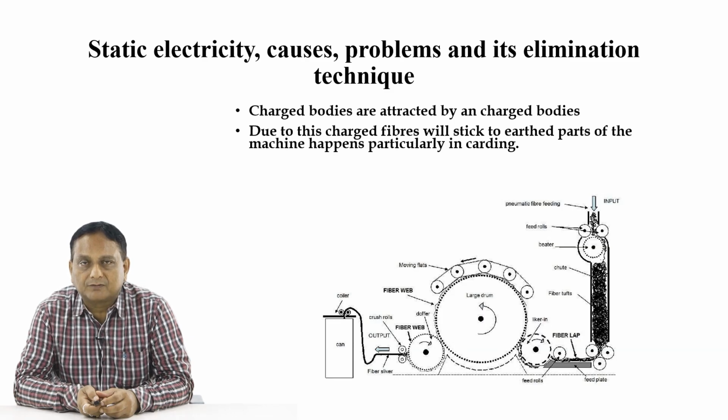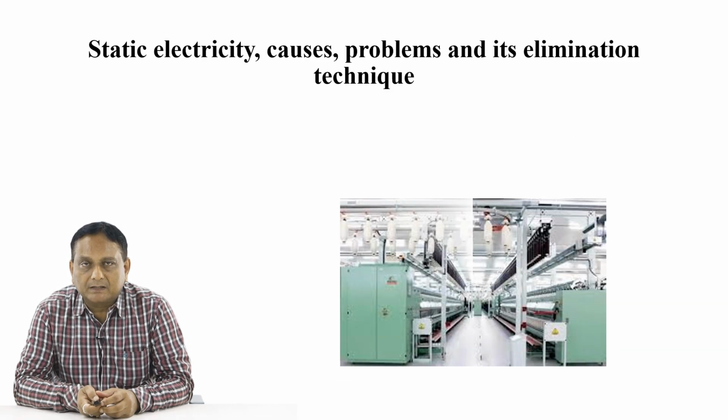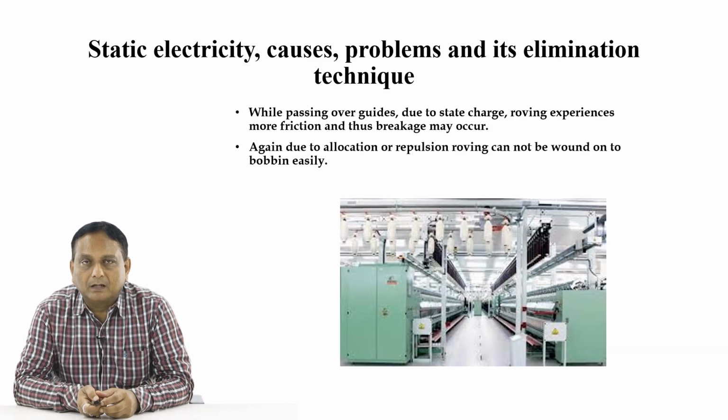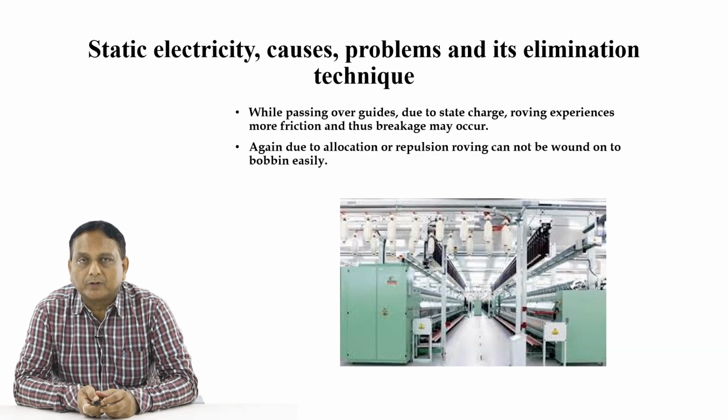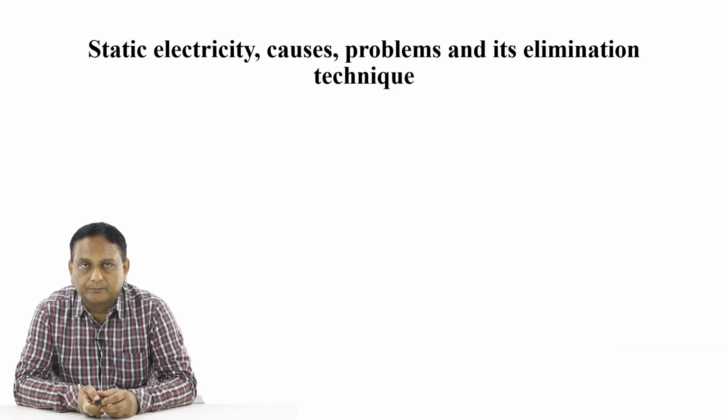Similar cases also happen in other parts, like while passing over the guides. Due to this static electricity charge, the roving process also experiences more friction, and thus breakage may occur. Due to the attraction or repulsion, roving cannot be wound onto the bobbin easily. So static electricity plays an important role in roving operations in spinning.